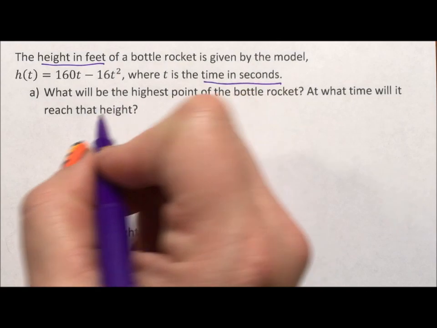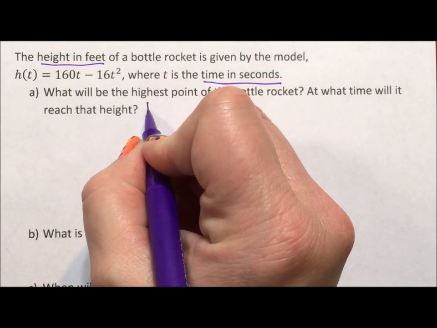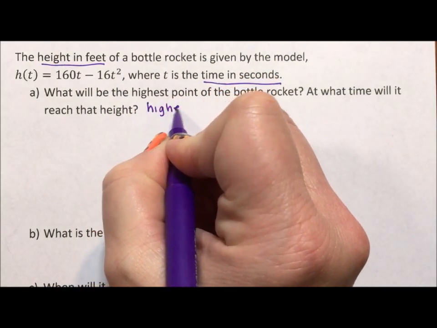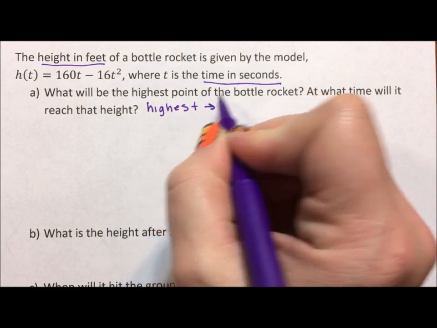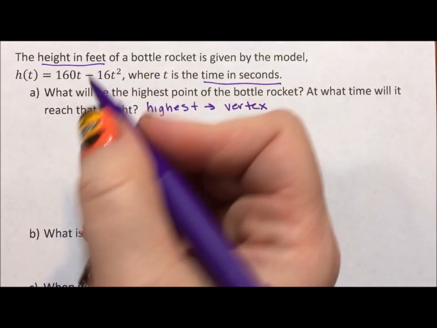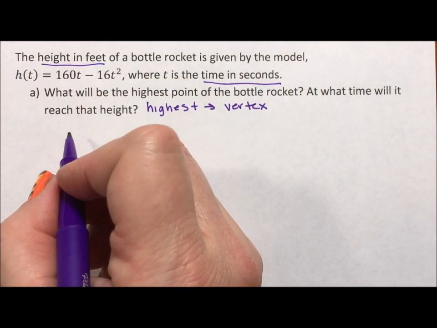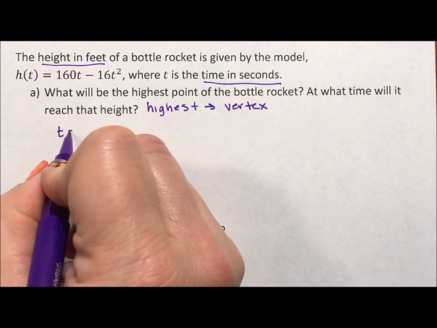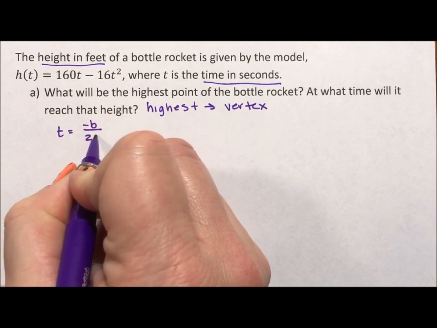Whenever you're asked for a maximum or minimum, or highest or lowest, when you're dealing with a parabola, you're looking for the vertex. This isn't in vertex form, but to calculate the vertex, we use negative b over 2a.